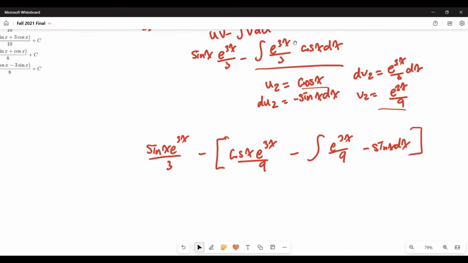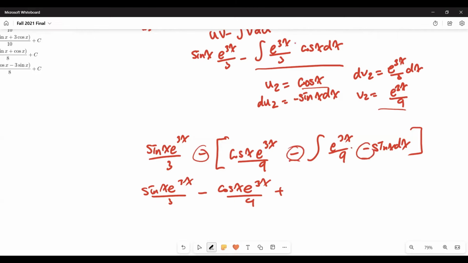This is minus minus, so it's going to be positive. But once you put the outer negative, it's going to be negative. So it's going to be negative e to the 3x over 9 sine of x dx, integrated.